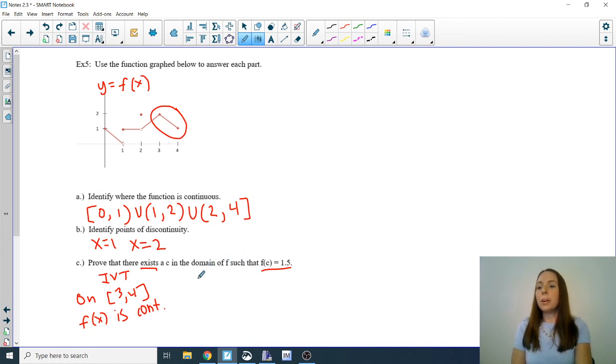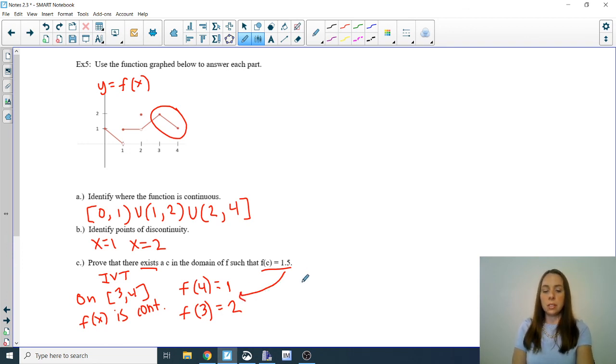The second part of the intermediate value theorem says that the value that you're looking for, this would be our k, has to be between f of a and f of b. Now it's a decreasing section, so f of 4, f of b, is the lower y-coordinate, that's 1, and f of 3, which is the higher y-coordinate, is 2, and 1.5 fits right in here, right?